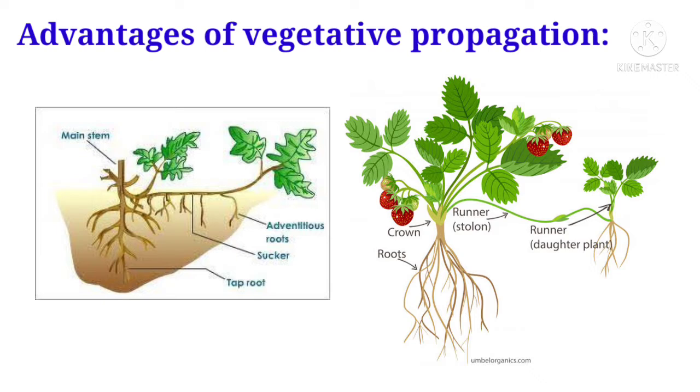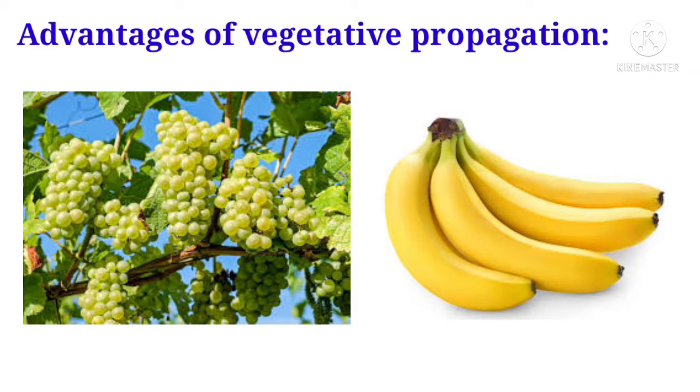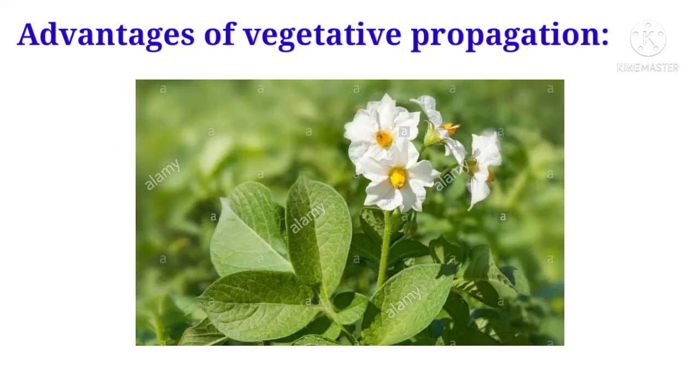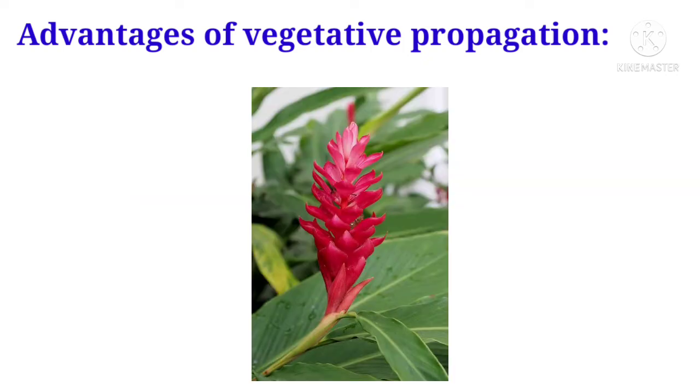Seedless plants like grapes and banana. The third point is the plants produced by vegetative propagation bear flowers and fruits earlier than the new plants produced by seeds.